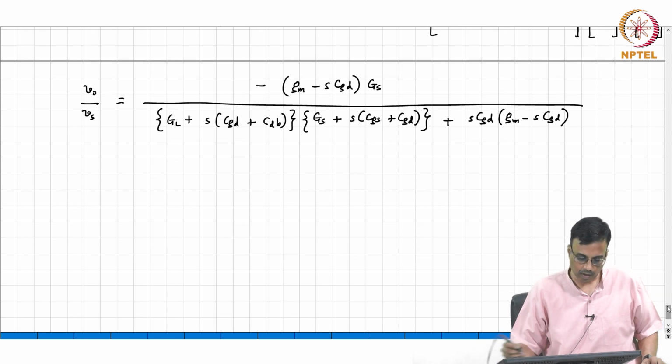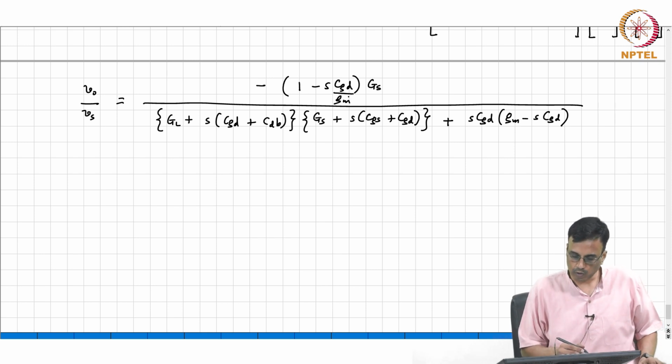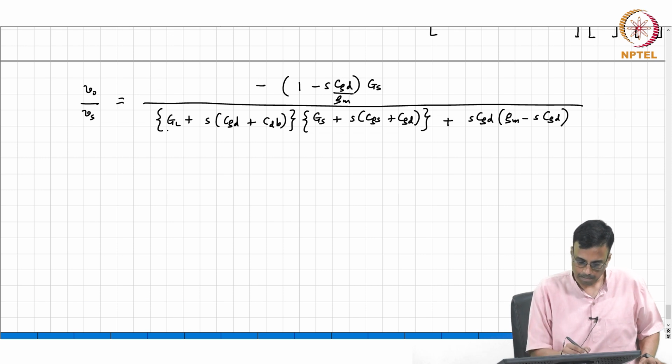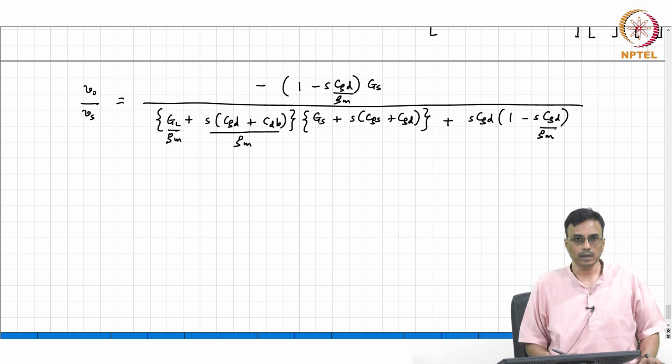So, what we'd like to do is remove GM out of here and divide the denominator also by GM.